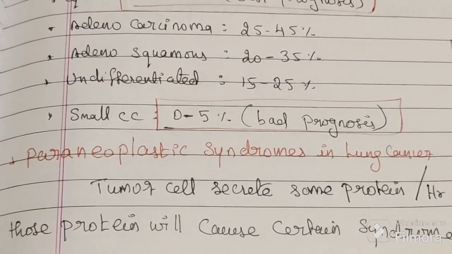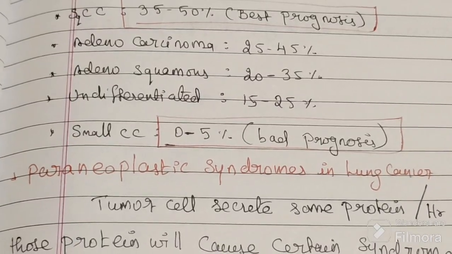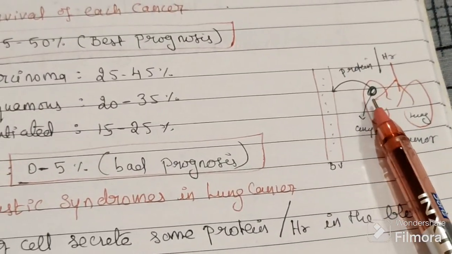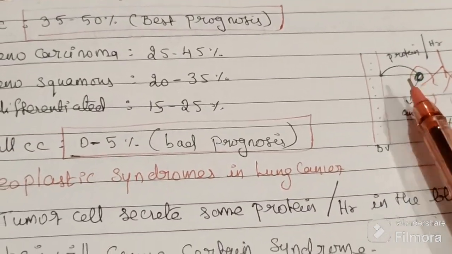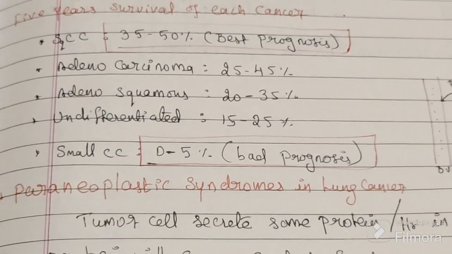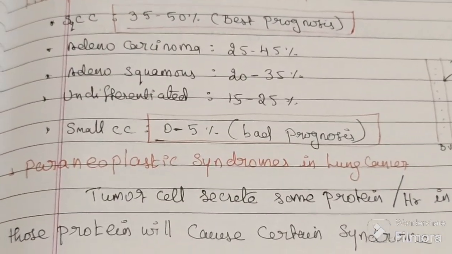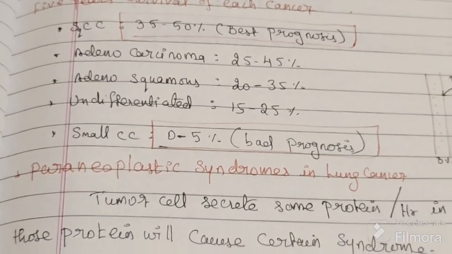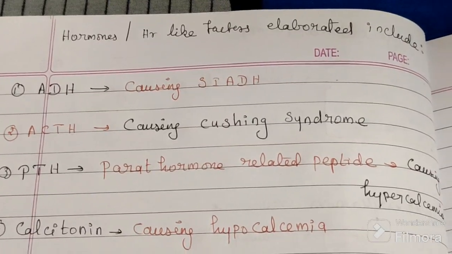We already discussed the meaning of paraneoplastic syndrome. The lungs having a tumor will secrete some hormones or proteins, and they cause some disorder, some sudden symptoms, known as paraneoplastic syndrome. This is common in lungs. The hormones are hormone-like factors.